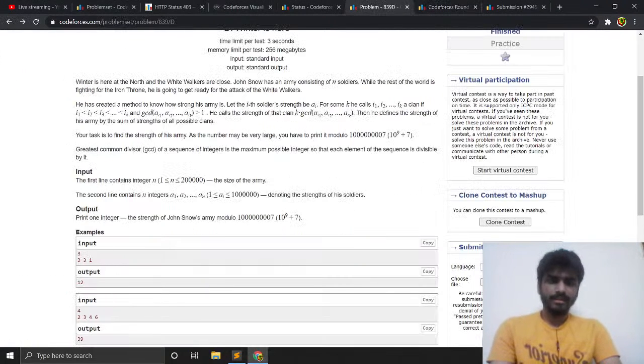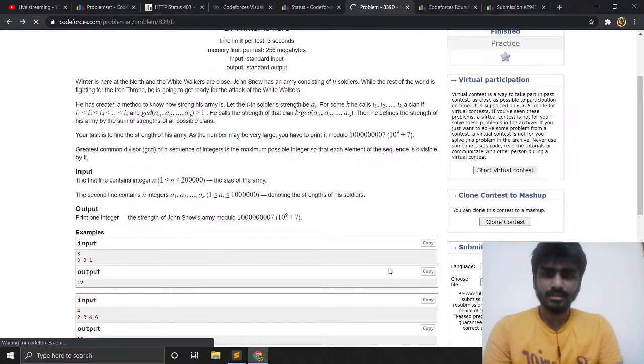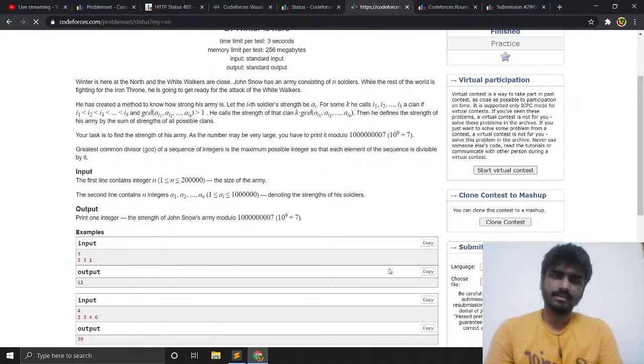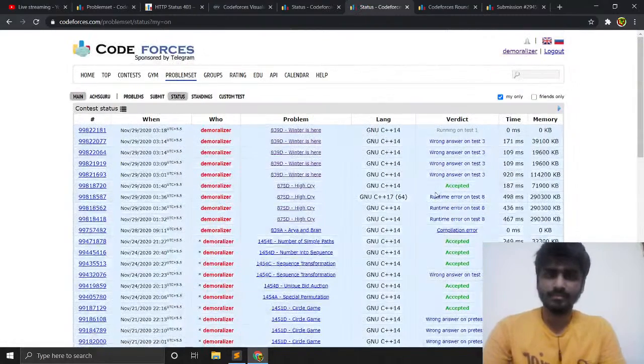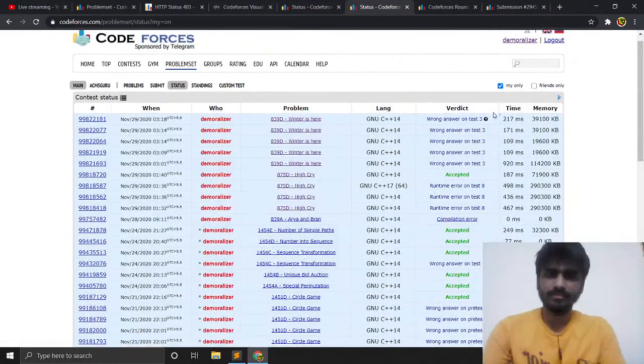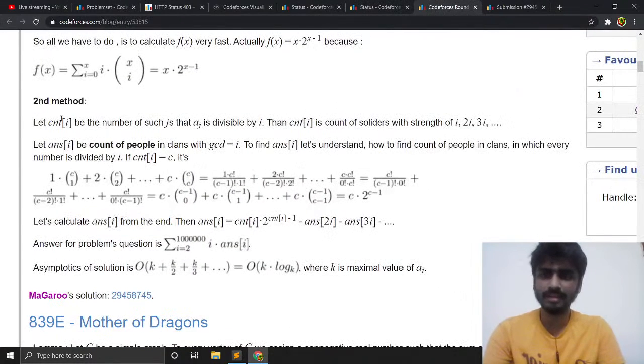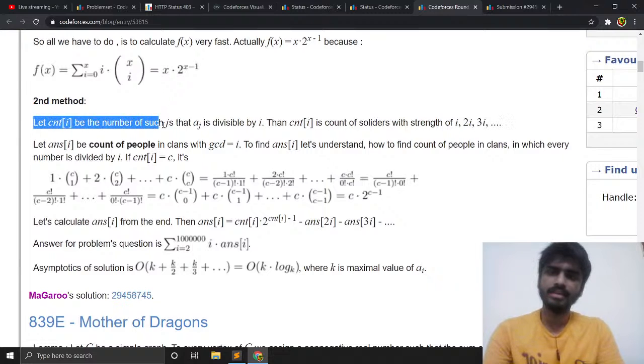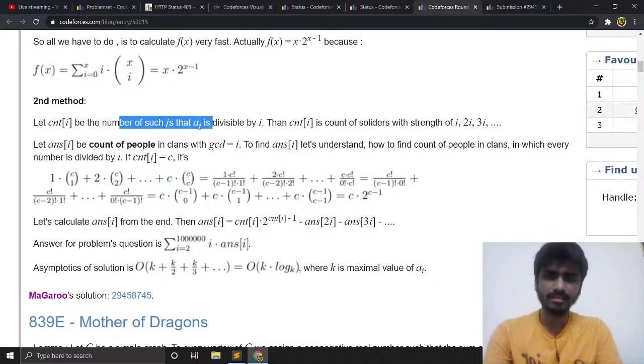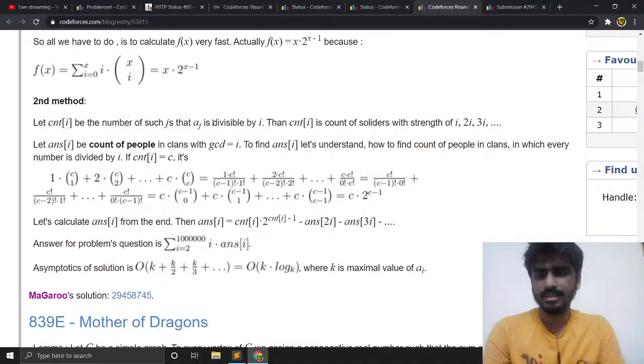Yeah, it will be correct here, but if I submit it, it will be wrong on the third test case. How am I getting wrong answer if I'm doing the exact same thing that's written in the editorial? Let count I be the number of such j's that a_j is divisible by I.